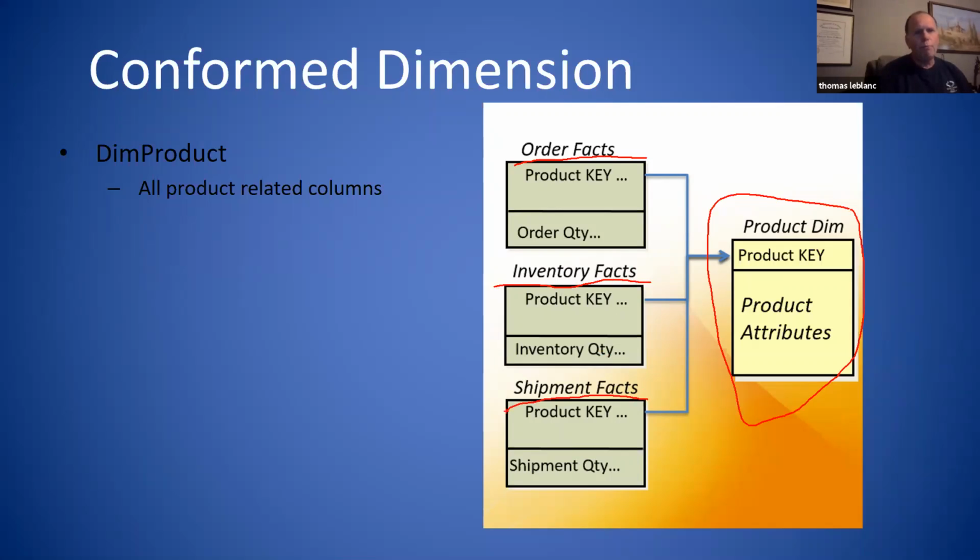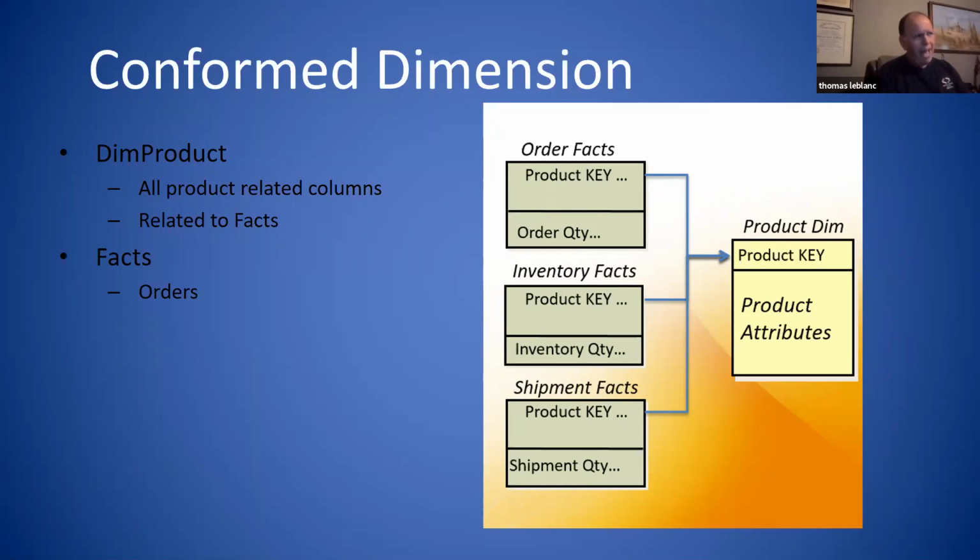So I'm conforming, which means this one dimension conforms to various fact tables. I'm going to show you a little bit more where it comes into play with multiple facts inside of a diagram. So what we're doing is trying to get all those product related columns into one dimension.